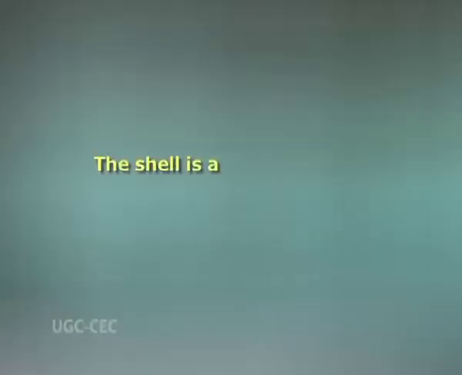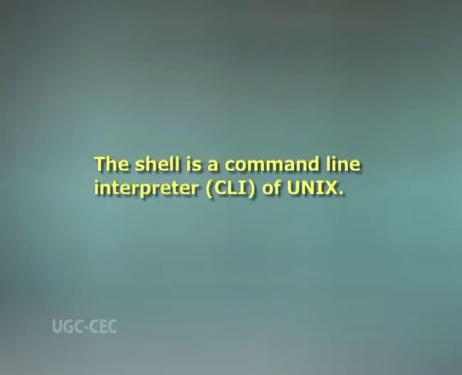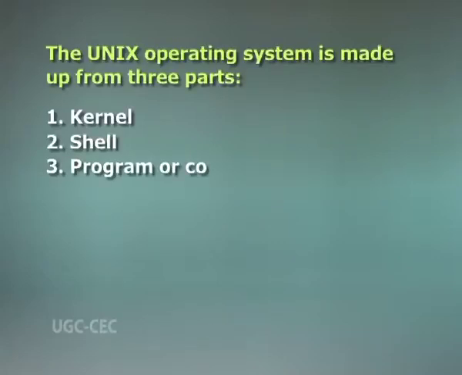The shell is the command line interpreter, that is the CLI of Unix. Third is the program or command. A program or command is used to accomplish specific tasks. When one command is terminated, the shell displays the prompt percentage sign to accept the next command for execution.